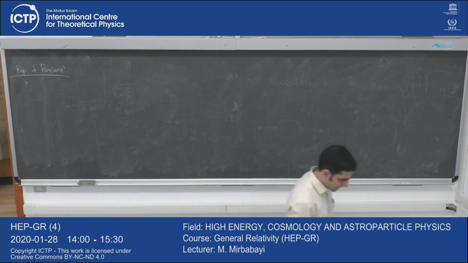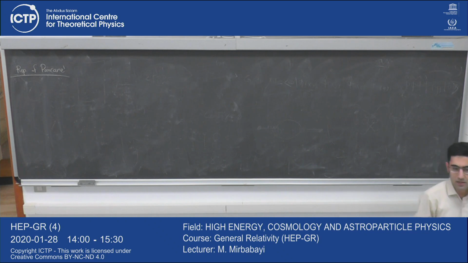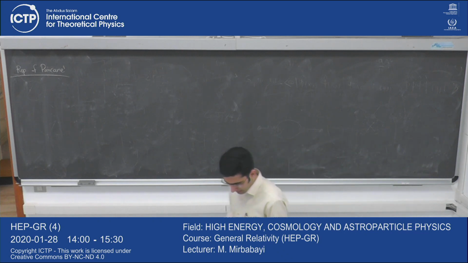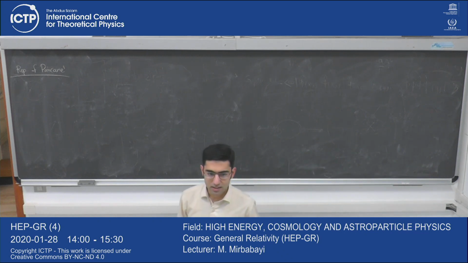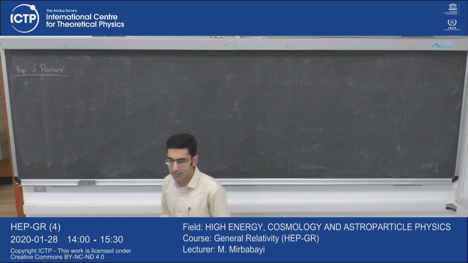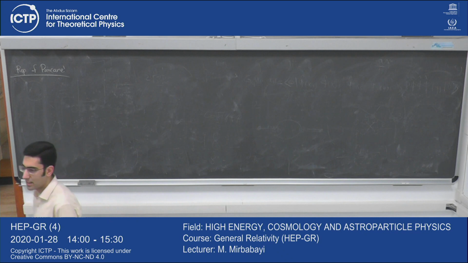All right. So far we have talked about the Poincare transformations, and also we talked a bit about symmetries at the classical level and how they result in the conservation laws.